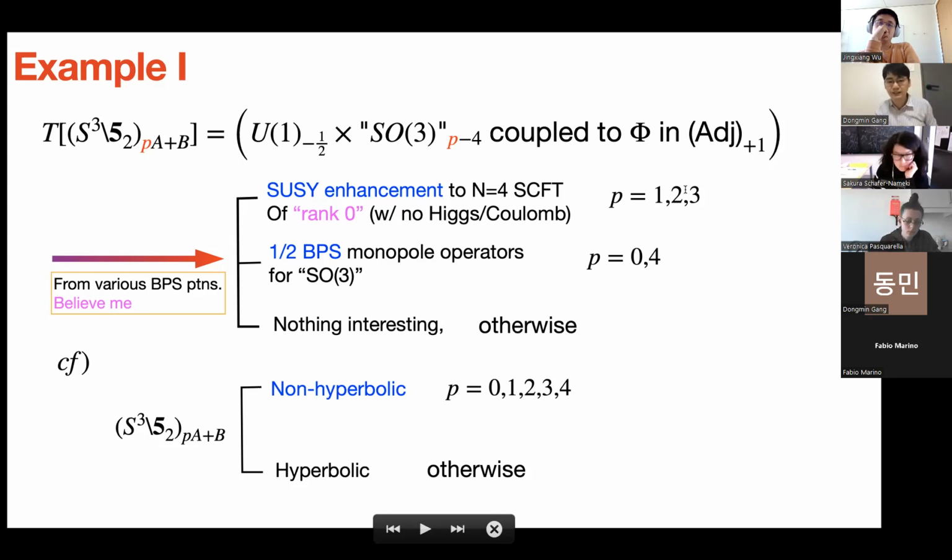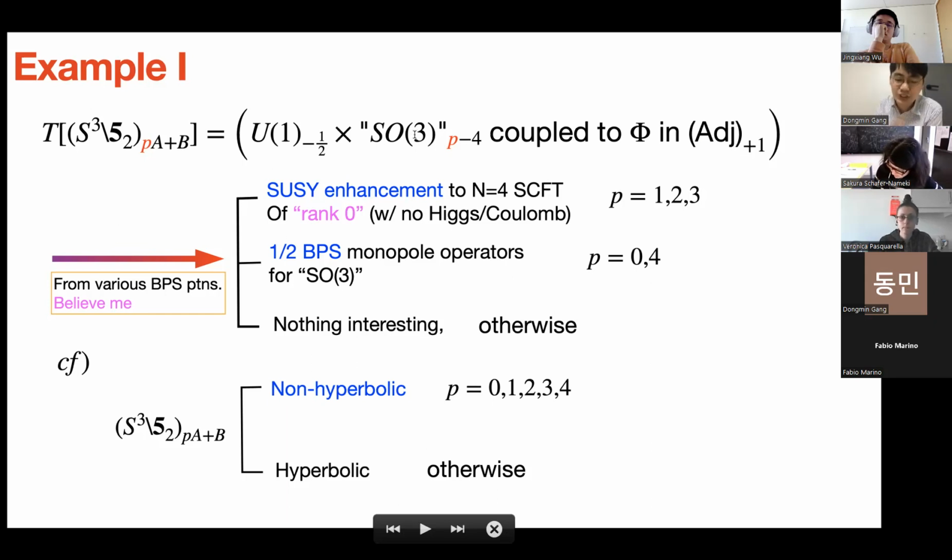So this is a very simple N equals 4 CFT, but it's a non-trivial N equals 4 CFT in these cases. And for the P equals 0 and 4 cases, we are doing the gauging of the SO(3) flavor symmetry, and then there are also associated monopole operators, and these monopole operators are usually not gauge invariant, and this should be addressed by the Chern-Simons-matter field, and then after that this monopole operator can be gauge invariant.